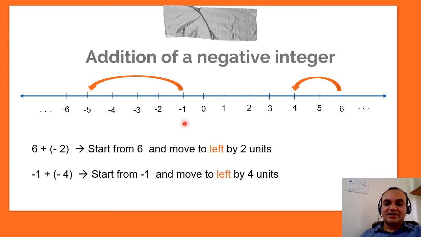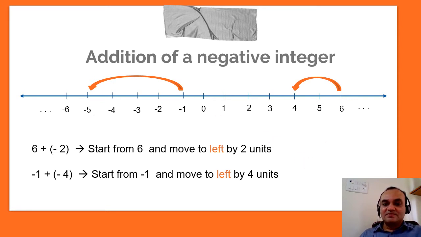So we'll start at minus 1 and go 4 units to the left. So minus 2, minus 3, minus 4, and minus 5. So we will reach minus 5. So again we notice that adding a negative integer to another negative integer is the same as subtracting a positive integer from that negative integer.